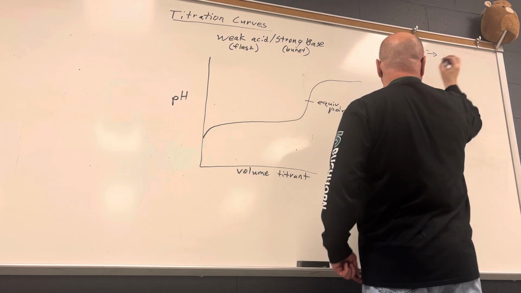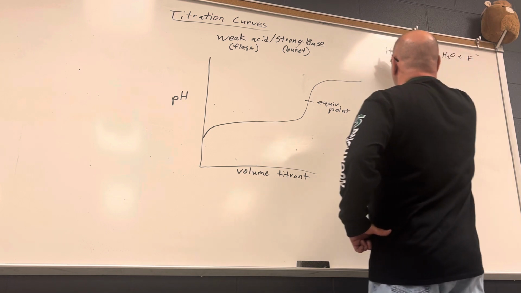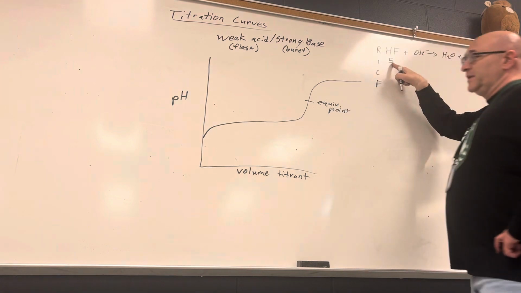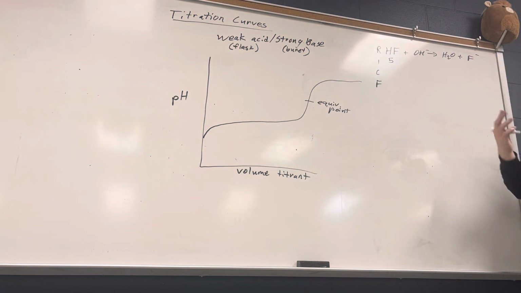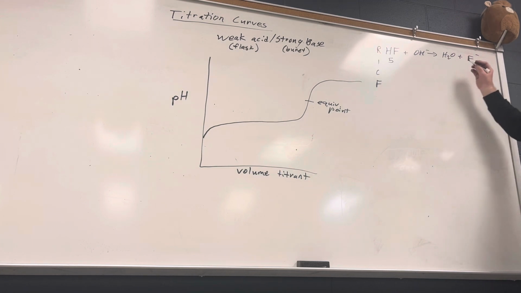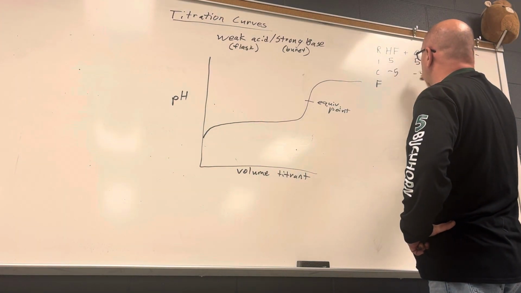What are my products? H2O and F minus. I'm making up the number 5, I'm trying to demonstrate a point. At the equivalence point, what would the number of hydroxide be? It would be 5. So these both hit 0.